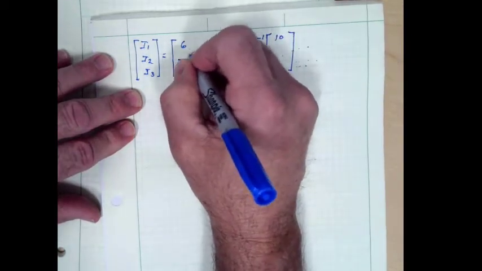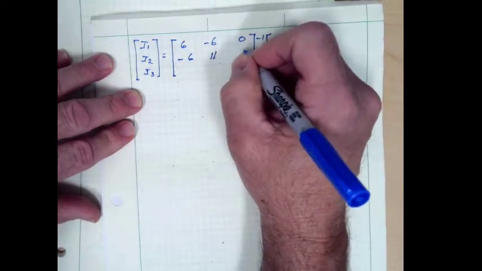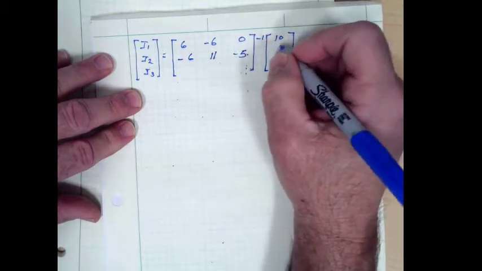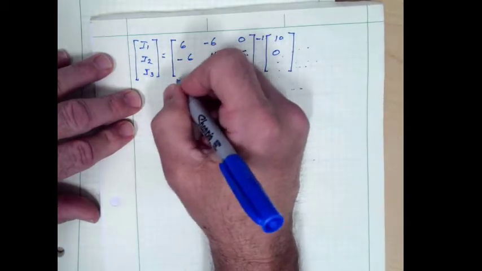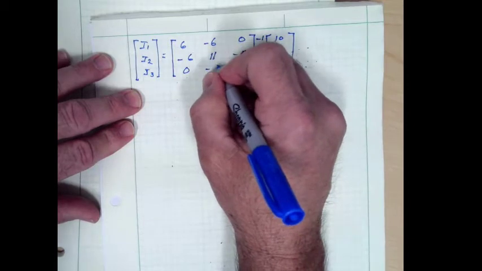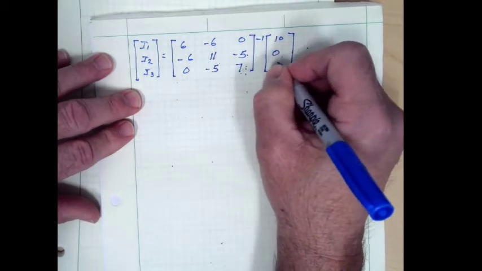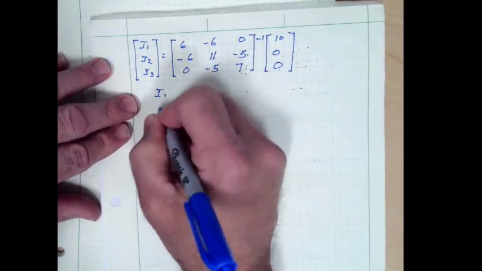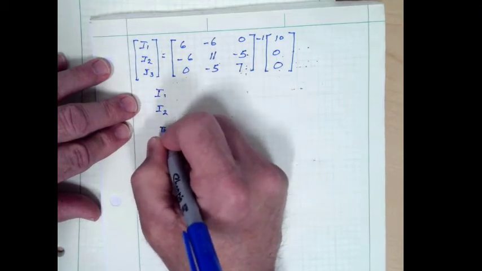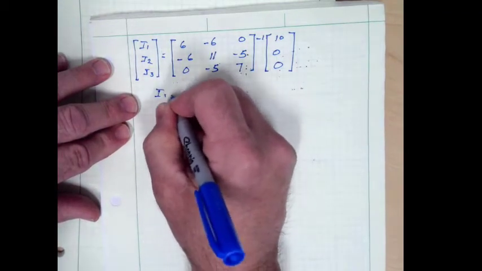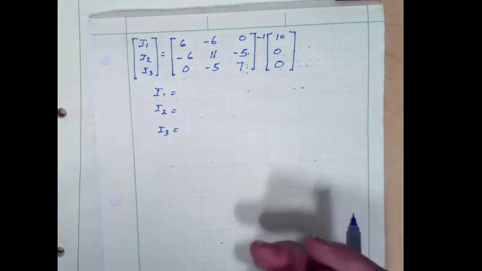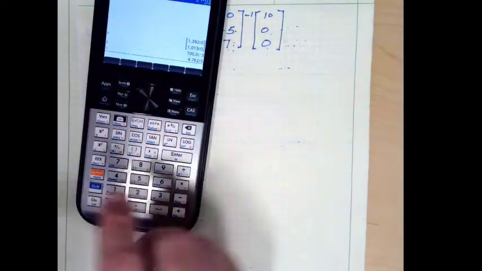Then we have a minus 6, and 11, a minus 5, 0, 0, minus 5, 7, and 0. So we will put this system into our calculating machine, and hopefully we can all get the same answer.